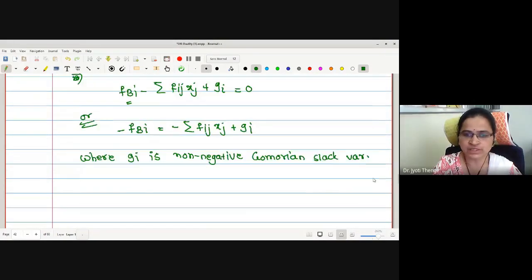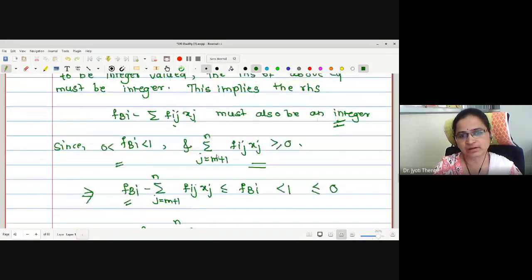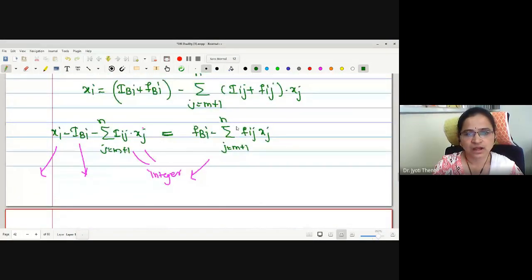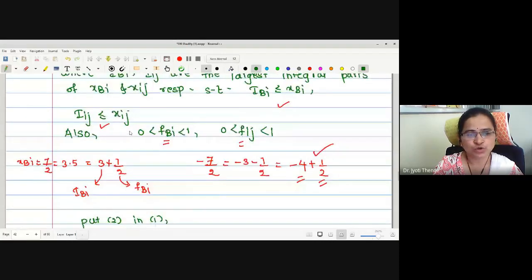Any difficulty up to this? The constraint we have obtained. How have we obtained the constraint?